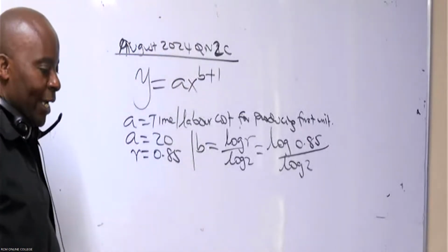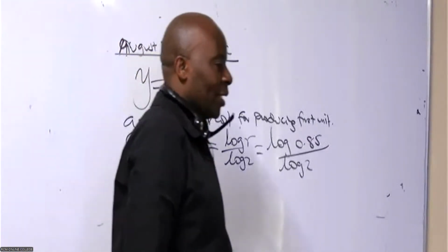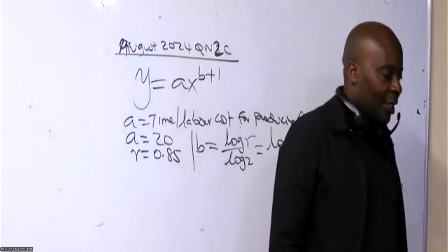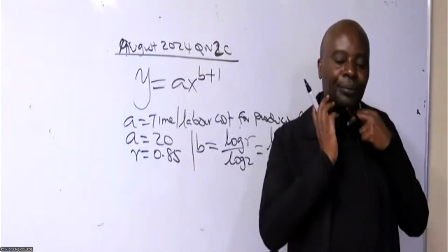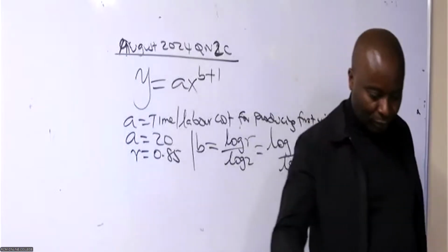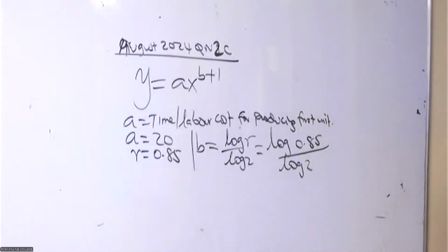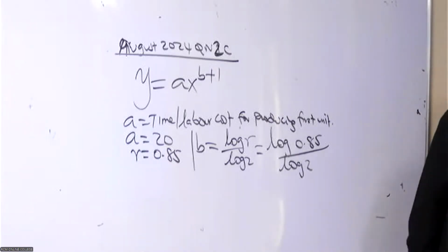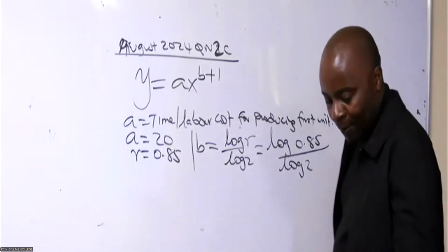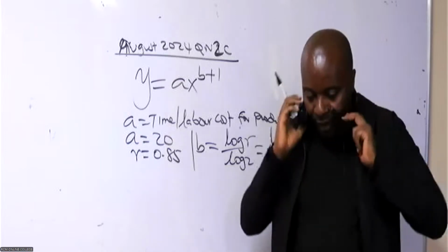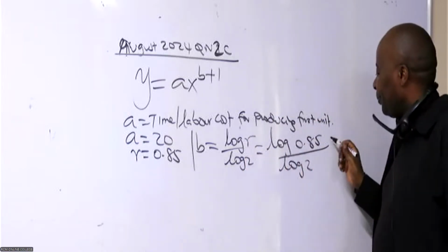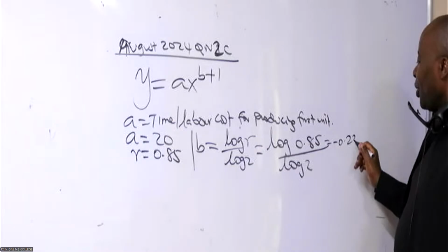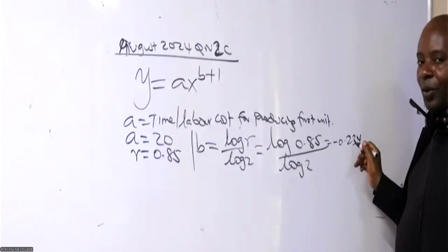You see now, even if I never knew anything to do with transfer pricing, your examiner is very lenient. He simply wants you to get some marks. So negative 0.234 something. We like 4 decimal places.